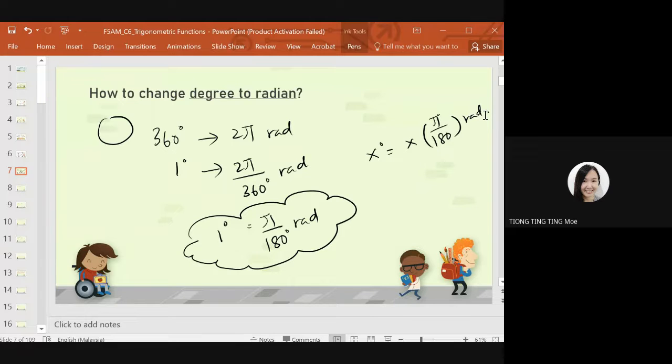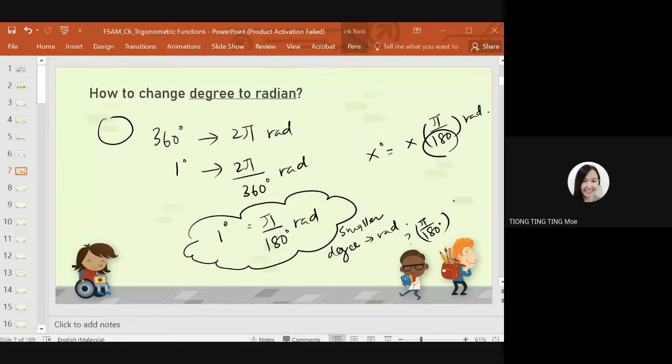Okay. If you couldn't remember this one, pi over 180 or 180 over pi, because some students will forget. Like me, I always forget which one first, which one later. Or you can remember it like this: degree to radian, the value becomes smaller, so it's divided by 180, so multiply by pi over 180.